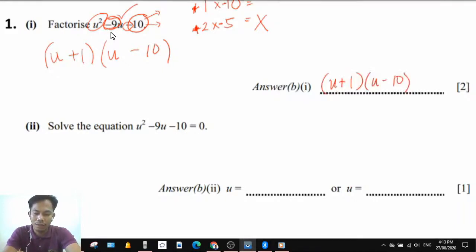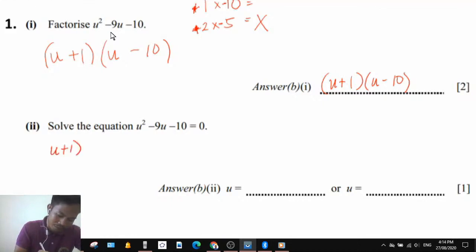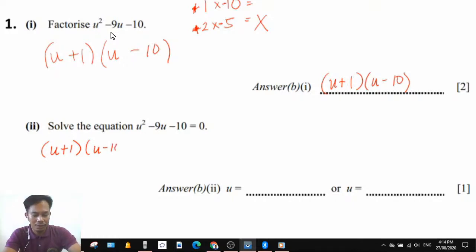Okay, and then next, I'll move on to solve the equation u squared minus 9u minus 10. You know already that the factors of u squared minus 9u minus 10 are u plus 1 and u minus 10. So I can put in u plus 1 and u minus 10, then equate it to 0, since you have now equals to 0 over here. Okay, and then separate the two factors into two solutions.